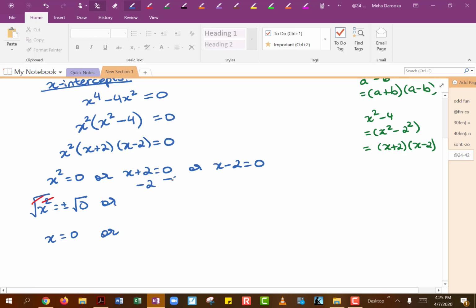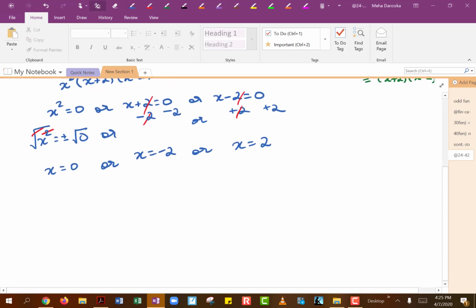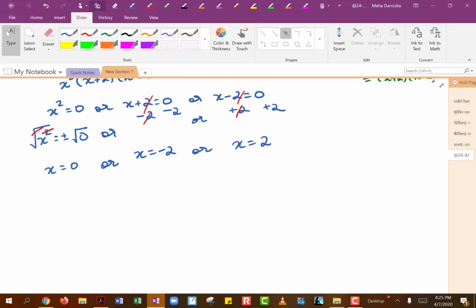Here we would subtract 2, and we would end up getting x equals negative 2. And for the last one, we would add 2, and we get x equals 2. Okay, now once you find your x-intercepts, we're going to need a number line.